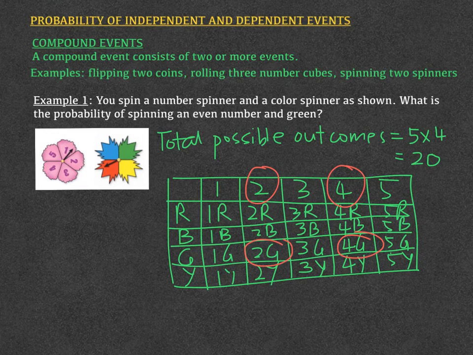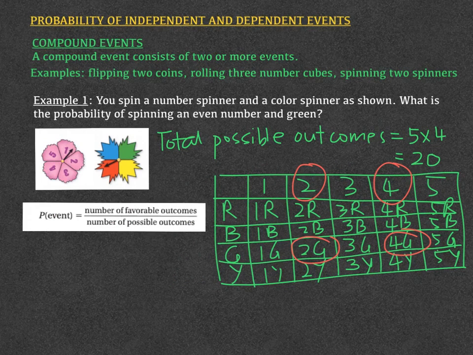Do you remember how to find the probability of an event? The probability of an event is equal to the number of favorable outcomes divided by the number of possible outcomes. In this example, we want the probability of even and green.